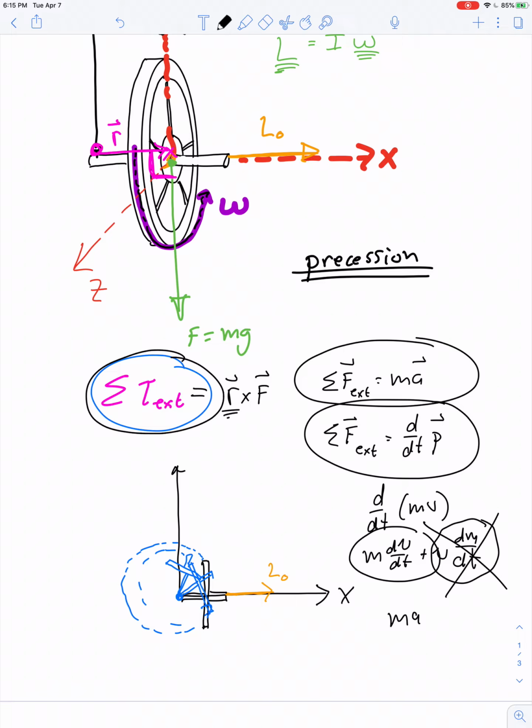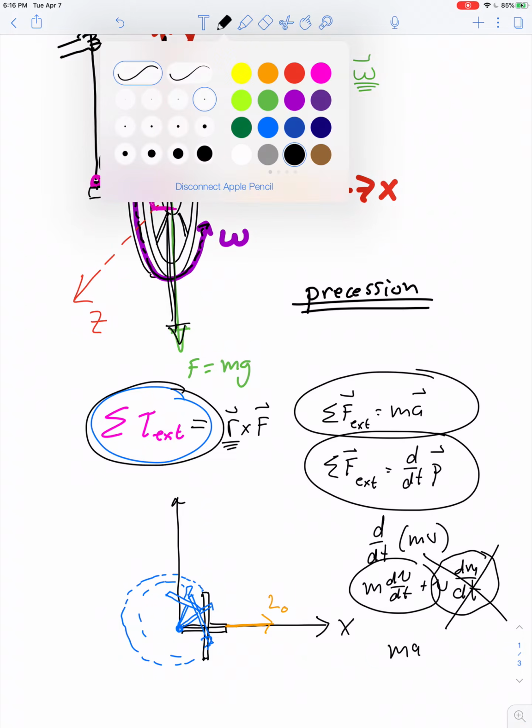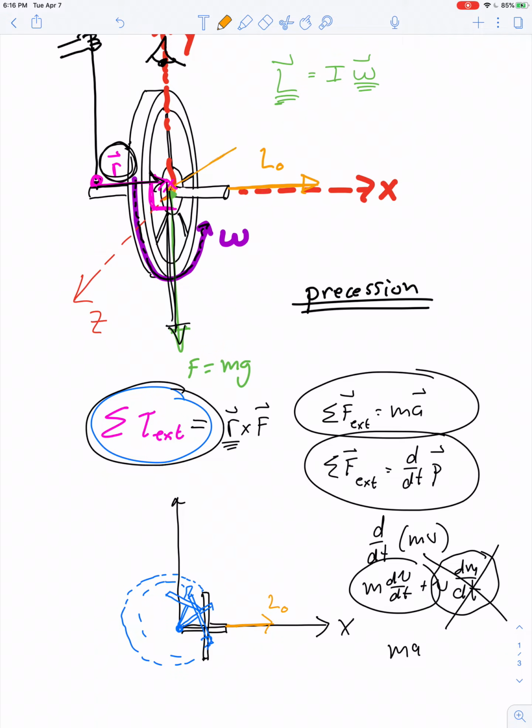So use that other right hand rule that says point the fingers of your right hand in the direction of the lever arm. In other words, point the fingers of your right hand in the direction of this pink vector. So your fingers are pointing to the right, and now rotate your fingers until they point downward in the direction of the force, and you see that your thumb points along, I guess this is the negative z-axis. So that's the direction of the change in the angular momentum.